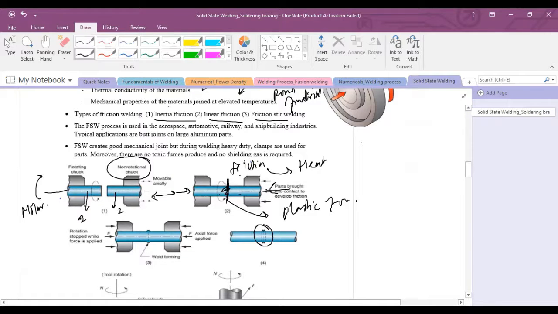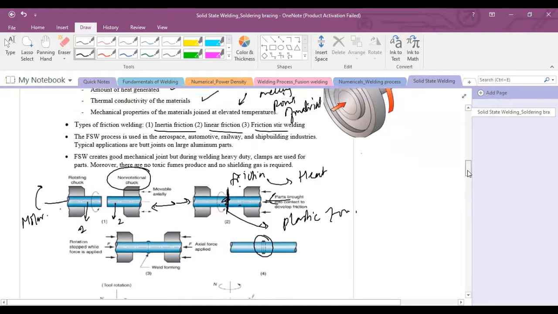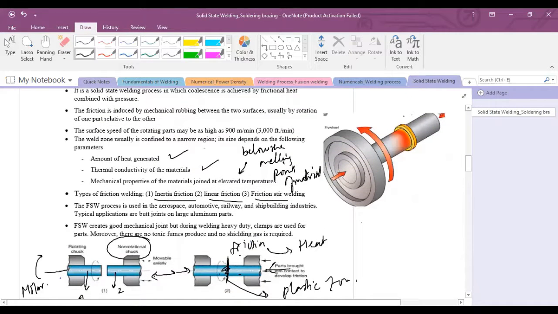In inertia friction welding, I will explain this type of friction welding with the help of one picture. This is the rotating part, and this is the stationary part. This rotating part is rotating with the help of the flywheel. The flywheel is in a rotating machine so that it has rotational kinetic energy, and this rotational kinetic energy is required for frictional heat at the interface of both the parts.